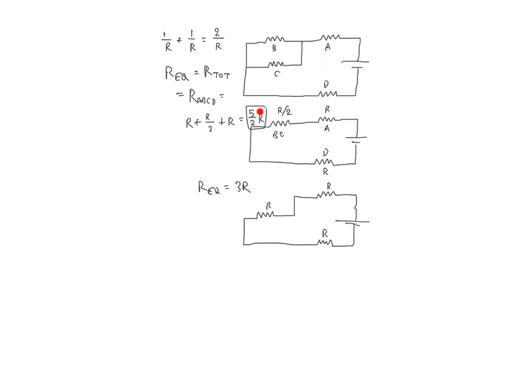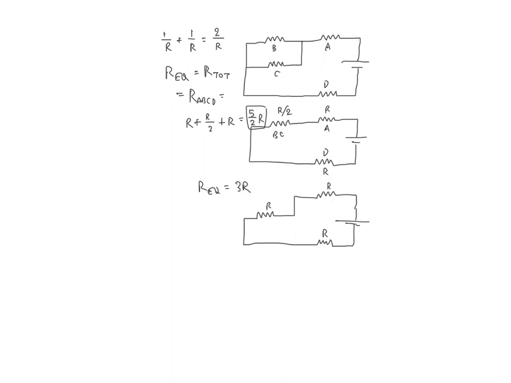We had originally 5 halves R, or 2.5 R. Now the circuit has increased in resistance to 3R. So since the overall circuit has an increase in resistance, there is overall less current coming out of the battery. So because there's slightly less current coming out of the battery, the current across resistor A has dropped. And since the current dropped, the potential difference has gone down for part F.